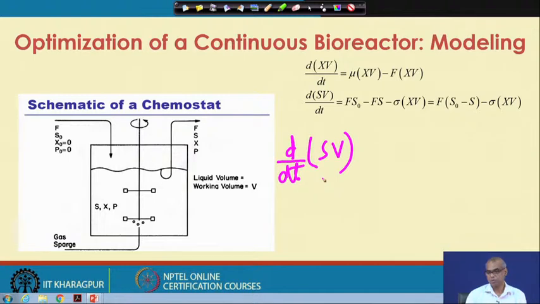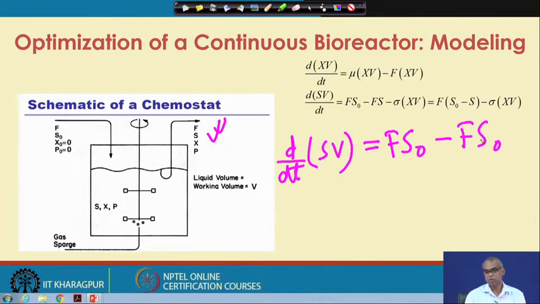So, the amount of substrate is the amount of substrate that is coming in with the feed. So, that is F into S0. The amount of substrate that goes out with the exit stream, that is minus F into S, and then the microorganisms consume S.